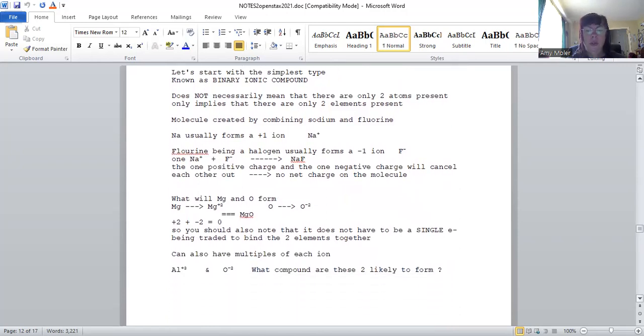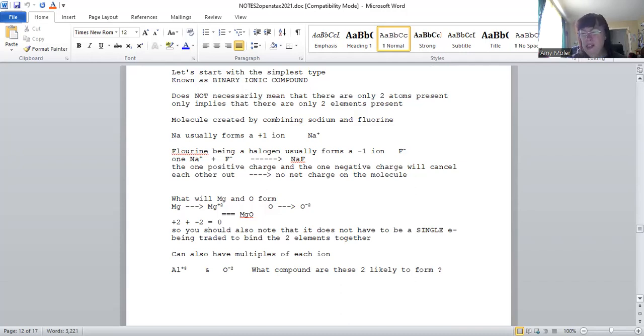So let's start with some sodium and some fluorine. Sodium becomes a +1 charge. Fluorine becomes a -1 charge. Since you have a single positive and a single negative, they will cancel each other out and there will be no leftovers. And you have a molecule that has 1 sodium and 1 fluorine in it.